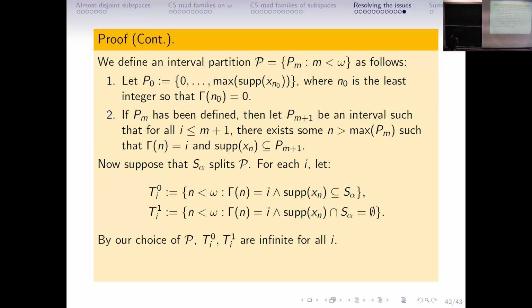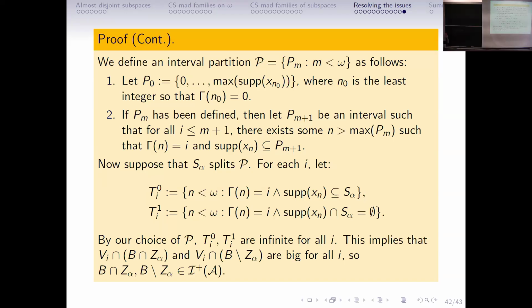From a very similar argument to the first case, we can conclude that both B intersect Z alpha and B minus Z alpha are big, and they are compatible with every single Vi. So what this means is that they are in I plus plus A, therefore in I plus A.